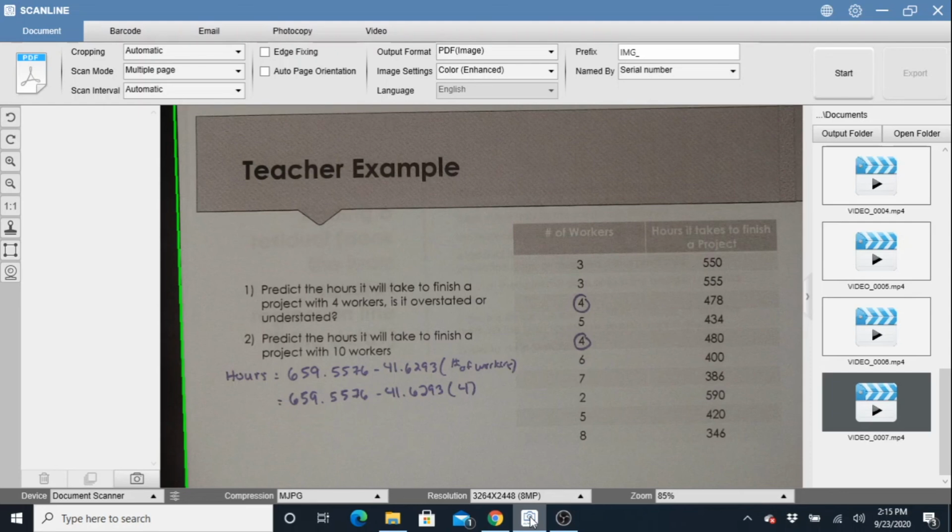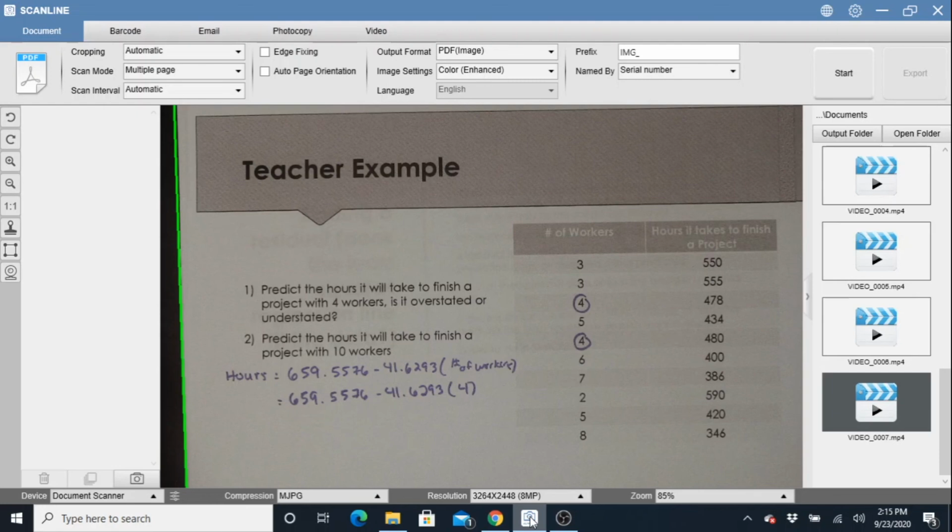So let's now extrapolate what would happen at 10 workers. And so what's going to happen here is that we're going to get a new number that we've never seen before. So we can't really say that it's overstating or understating, because we don't know what happens at 10 workers.